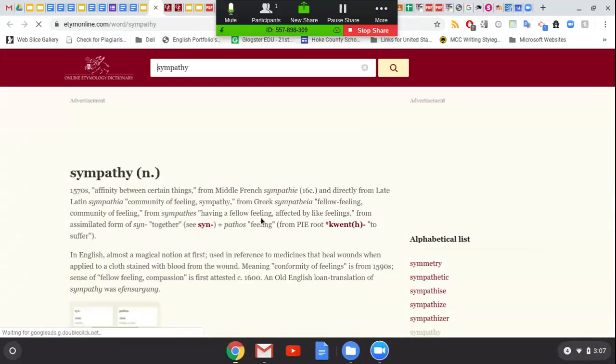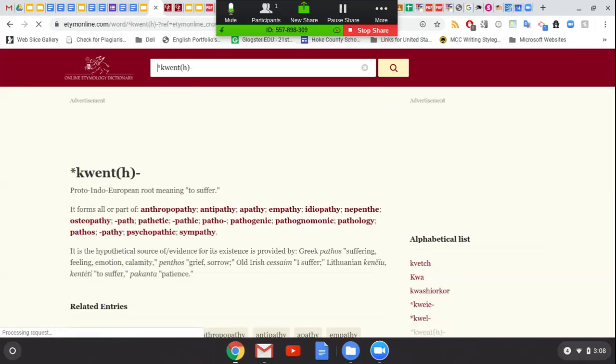This is awfully complicated for students to do, so I would be ready to give support. It comes from the Proto-Indo-European root, KWENT. And when I click on that, there's lots of other great words that connect to it.